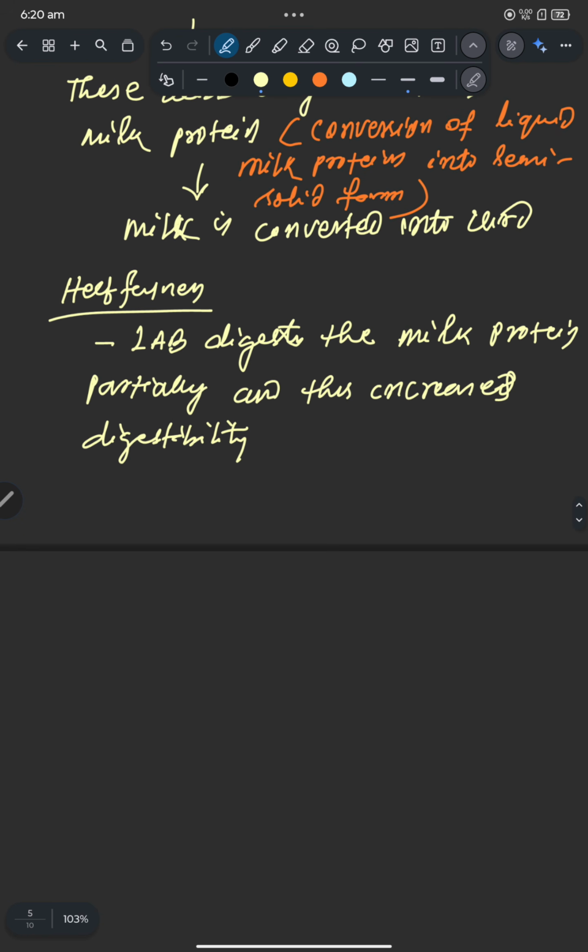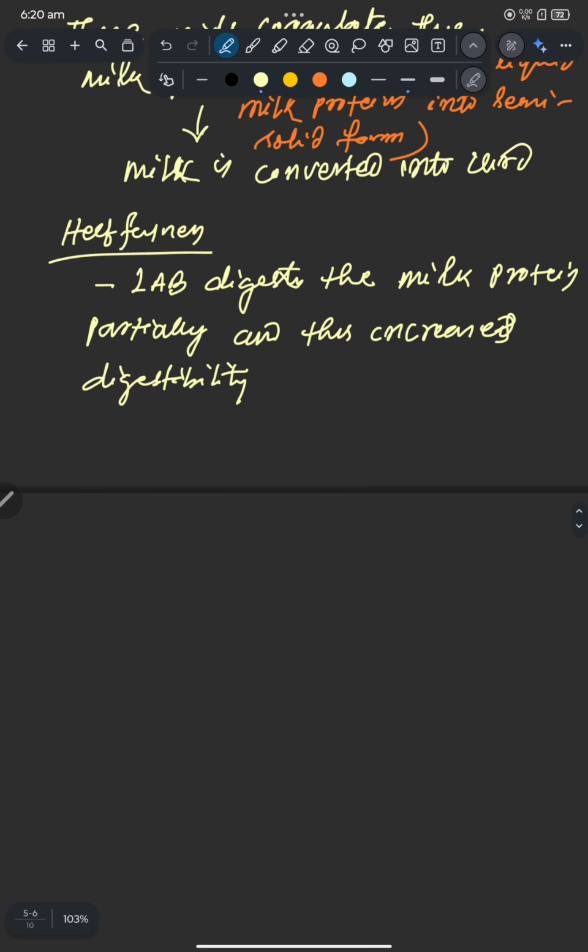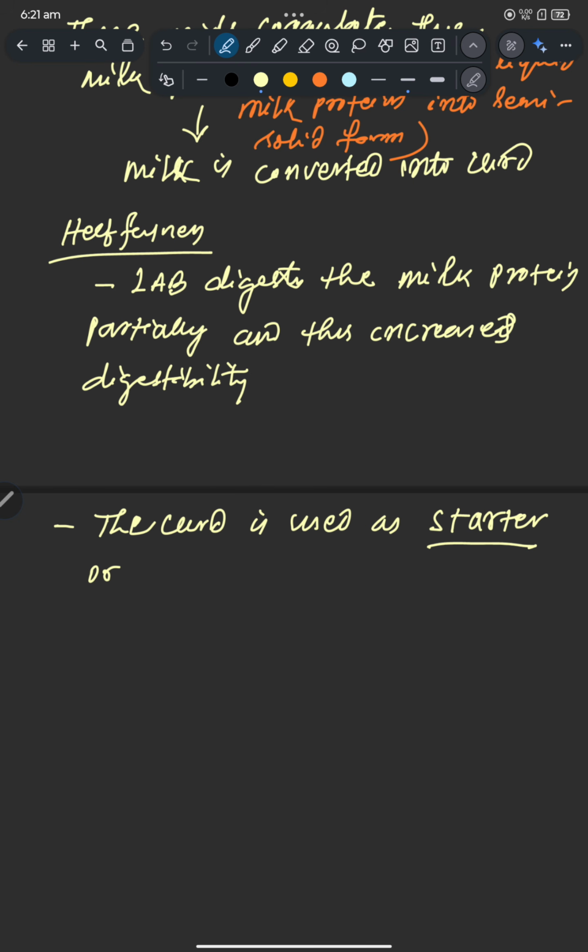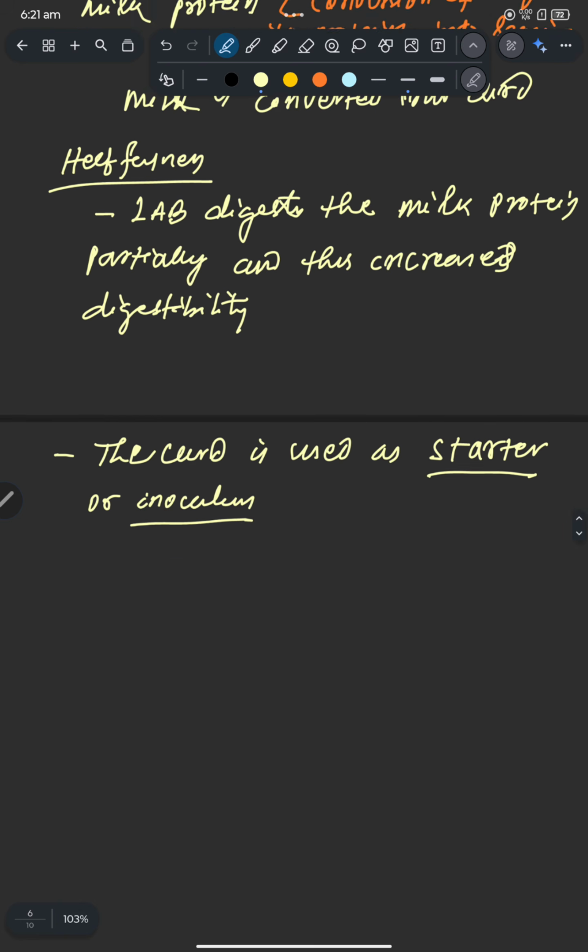So this is the helpfulness of LAB. Some other nutritional importance is also there. So let us see. The curd is used as starter or inoculum. Very important.